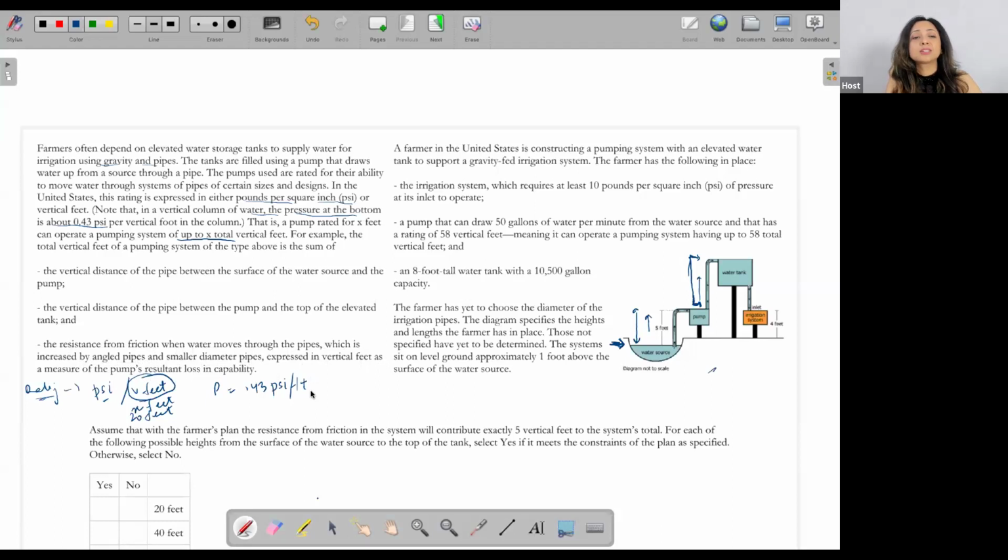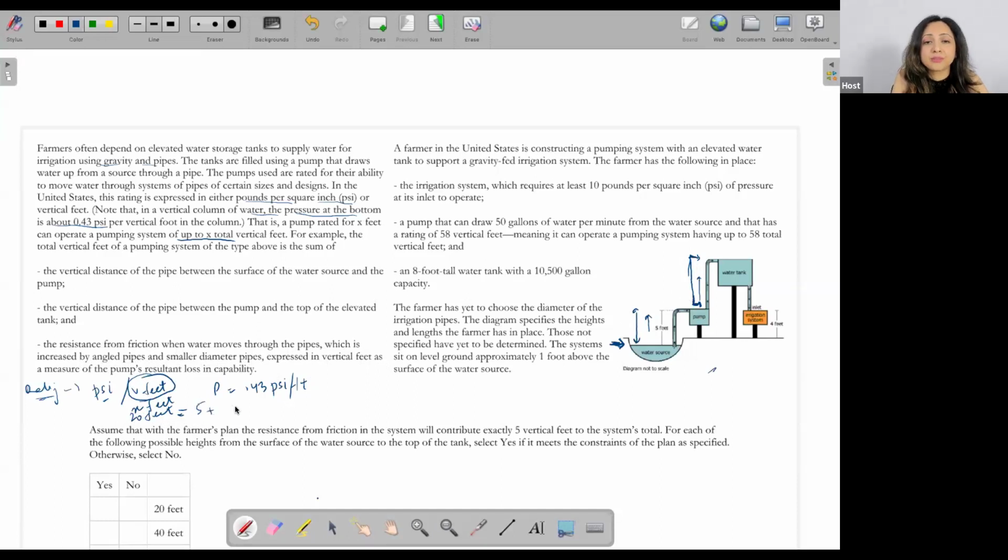So they're saying that there are three things. This is this particular distance, and this is this particular distance, fine. And then there is another term that gets added when I say that the rating of this pump is 20 feet. Let's say it is this particular distance, say 5 feet over here.